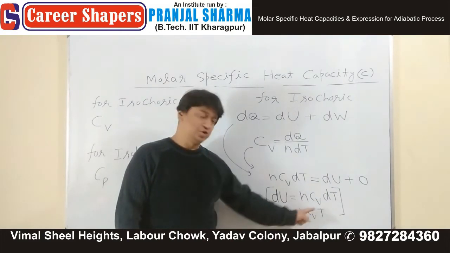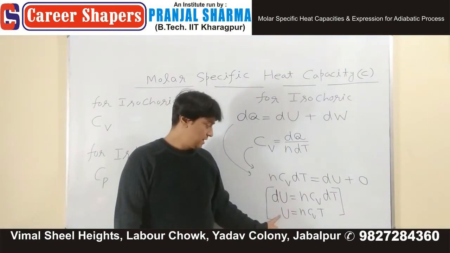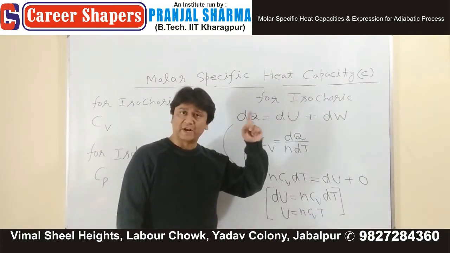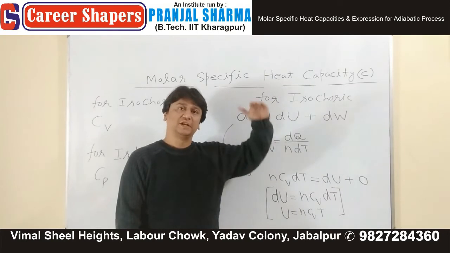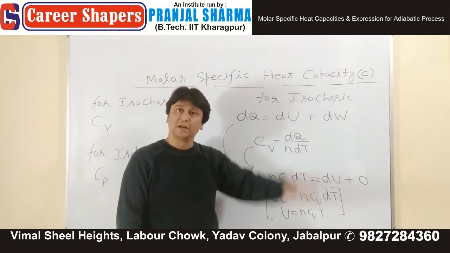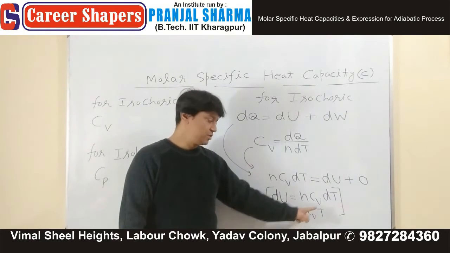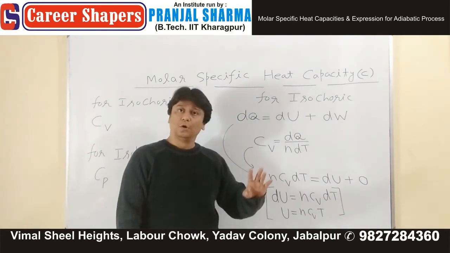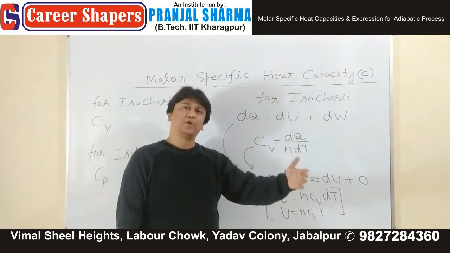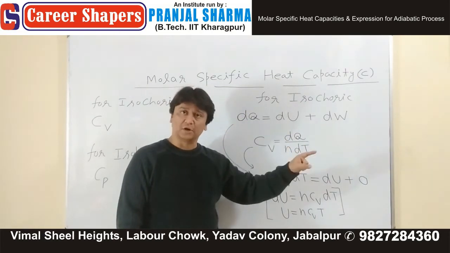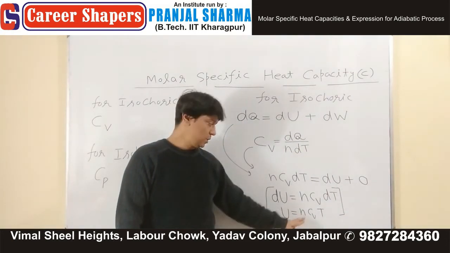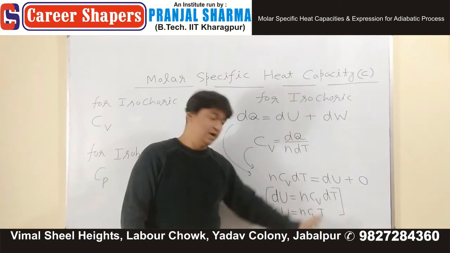This is the relationship between internal energy and temperature. I hope you remember that statement that when temperature increases, internal energy increases. When temperature decreases, internal energy decreases. So, internal energy is something which depends on the temperature. This is the function. U equals to N CV multiplied by T.